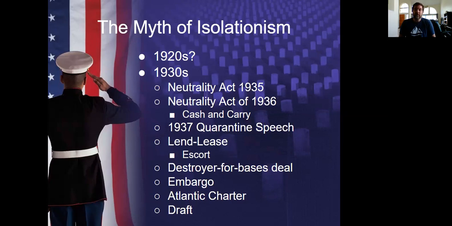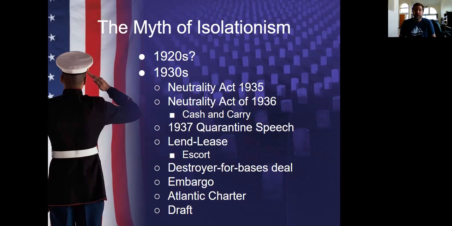The reason is that the conflict in Europe continues to escalate, and the United States realizes that if it wants to stay out of the war, it's going to need to actually engage in foreign policy. And yes, that engagement is less than full involvement in the war, but it's engagement nonetheless.